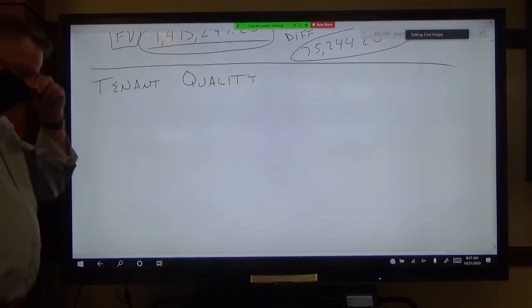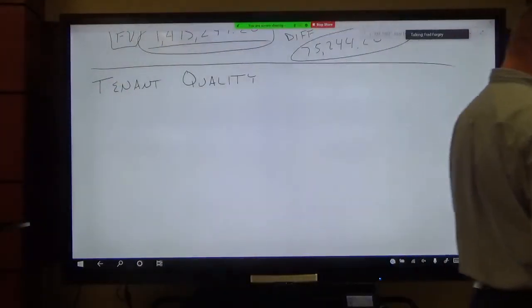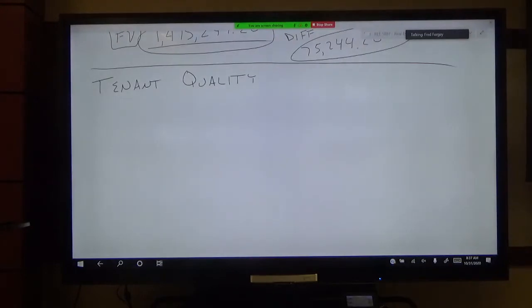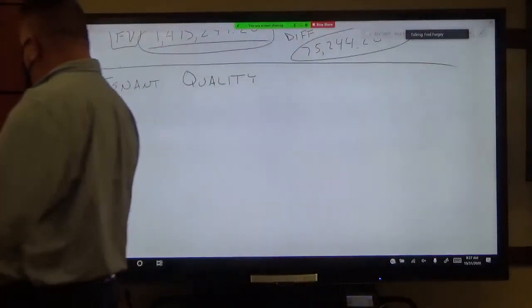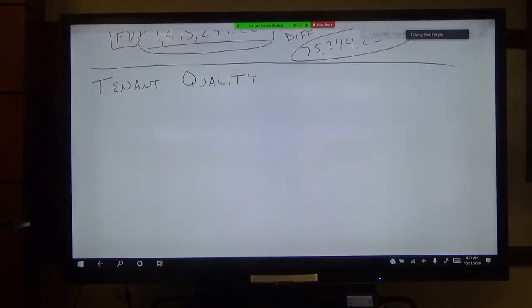Okay, so the next topic, to a certain extent, is dealing with, maybe once you have a project built, issues related to leasing the property as it relates to the quality of the tenants. And what I mean by tenant quality is more like their credit rating.